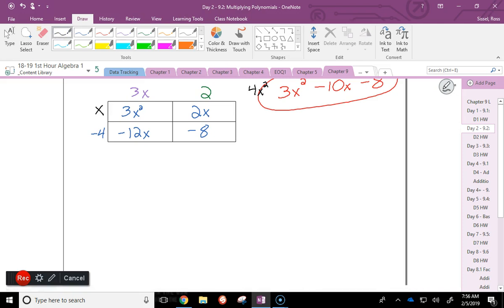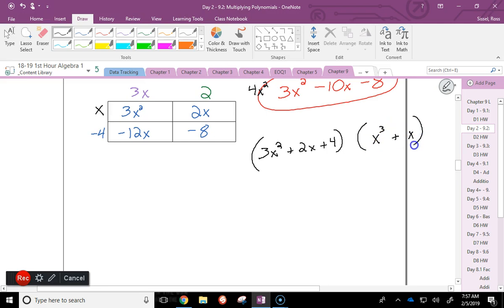I'm not going to go through and do the whole thing, but just to be showing. So if I had 3x squared plus 2x plus 4 times x cubed plus x. So they're different right now. There's 3 and there's 2. All this tells me is, on this first one, how many rows I'll have.